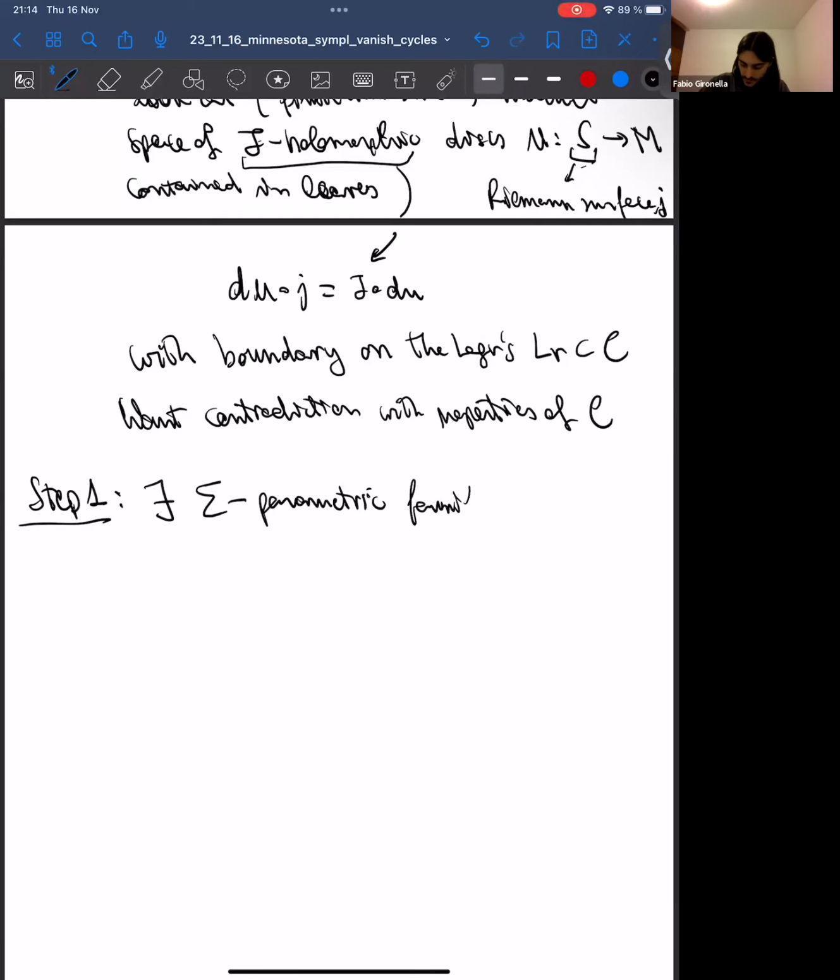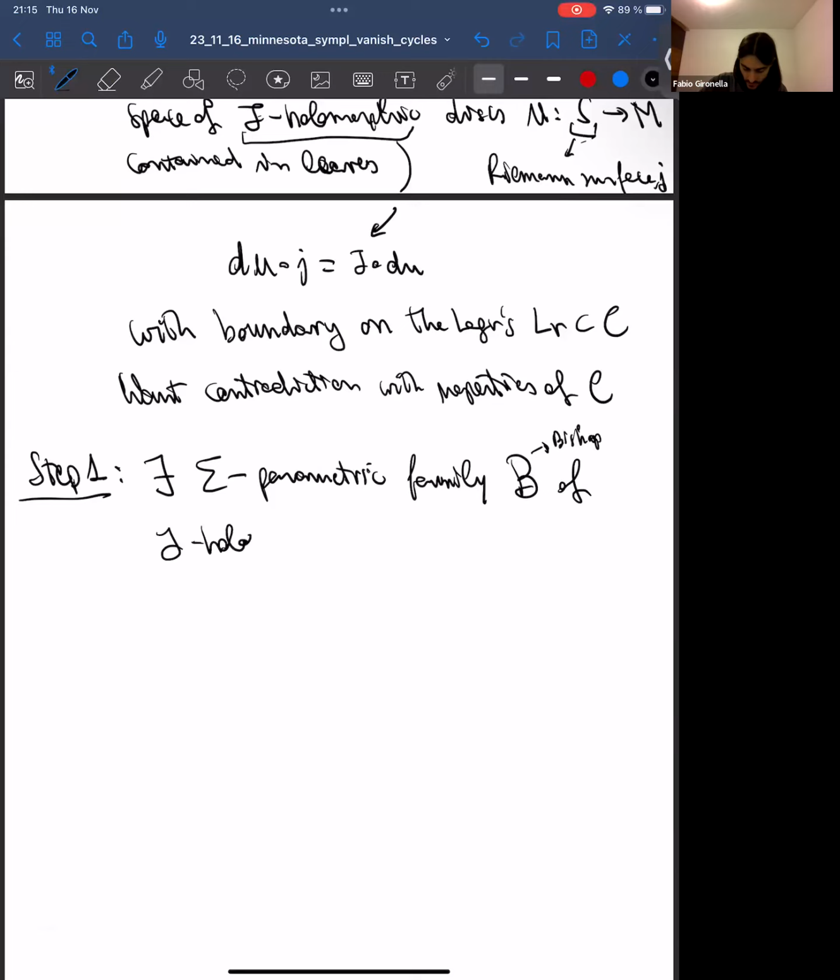So the sigma-parametric family of J-holomorphic disks. J again is properly chosen here, and I'm not going to talk about this too much.